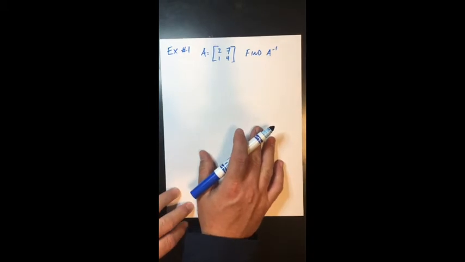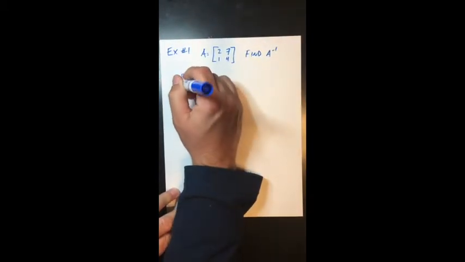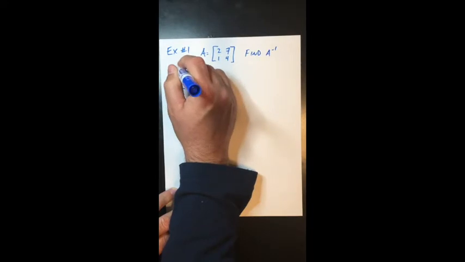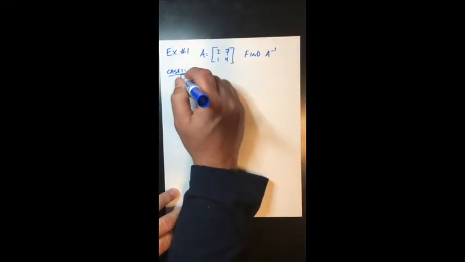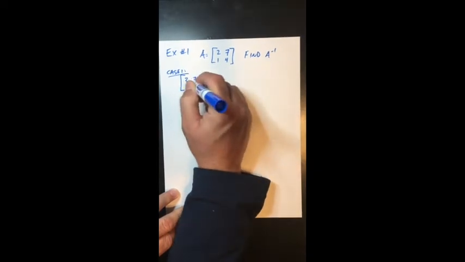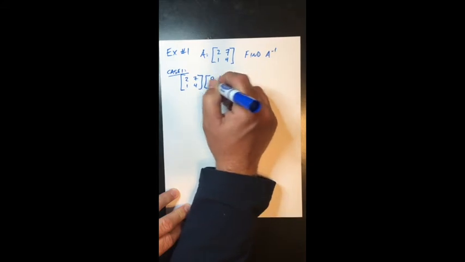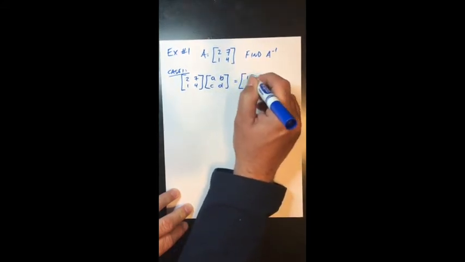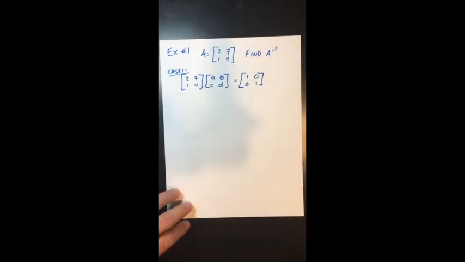Based on the definition of an inverse, this is case 1, the first method that we'll use. What we should be able to find is a matrix such that when we multiply these together, we get 1, 0, 0, 1. That's the identity matrix.